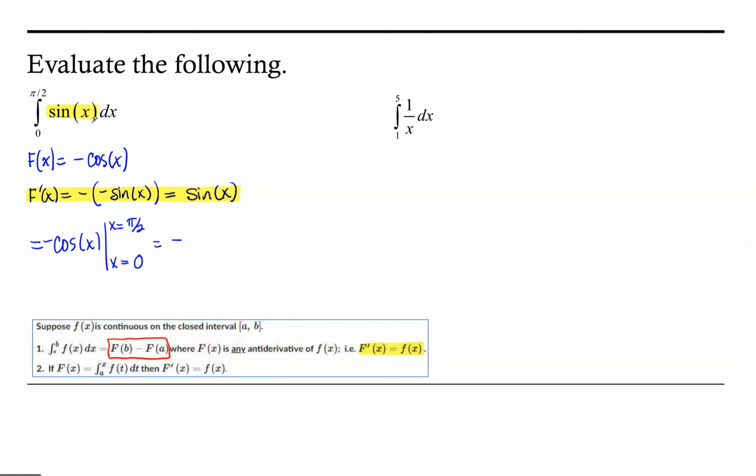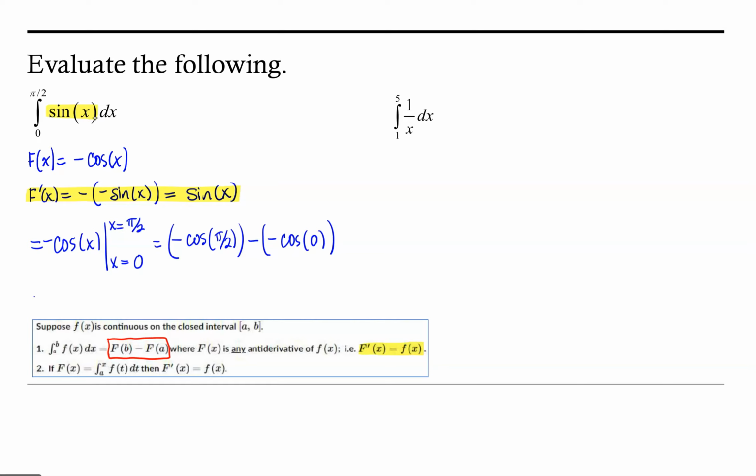So in this case, we would have negative cosine of pi over 2, that's my upper limit substituted into my antiderivative, minus negative cosine of 0, that's my lower limit substituted into my antiderivative.